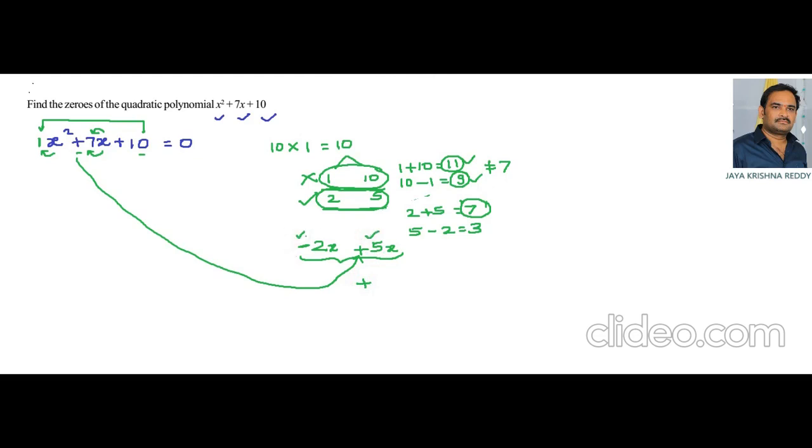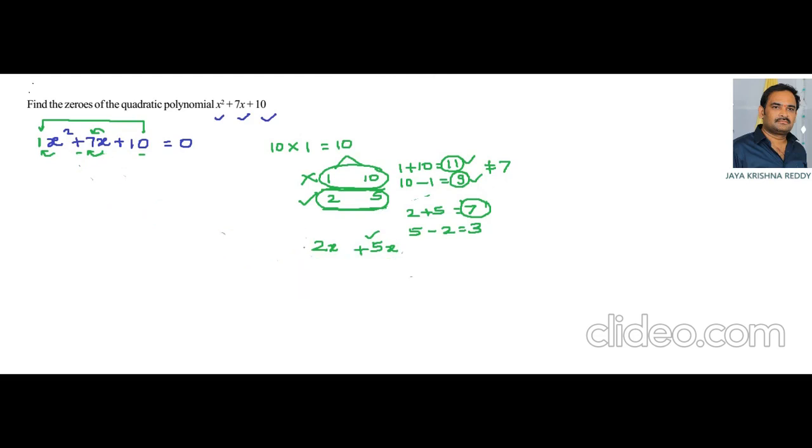One number has a positive symbol and one has a negative symbol, so both have different symbols, which means we have to subtract. 5x minus 2x is nothing but 3x. So minus 2x plus 5x gives plus 3x, which is not equal to 7x. So the minus symbol is not suitable for the smaller number 2x.